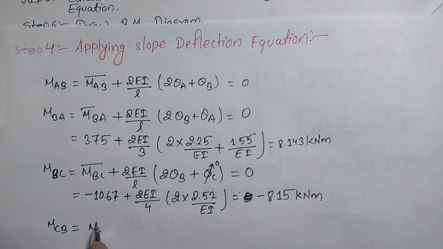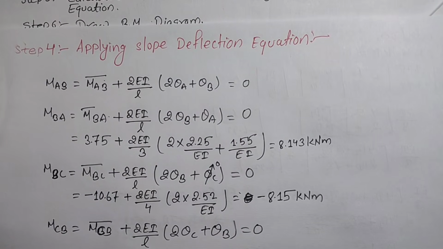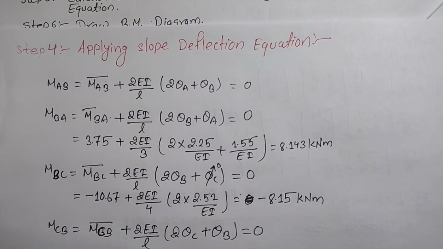Now let us calculate the moment MCB. So MCB equals fixed end moment MCB plus 2EI by L times (2 theta C plus theta B) equals 0. Put down the value, MCB equals plus 10.67 plus 2EI by 4 times 2.52 by EI.